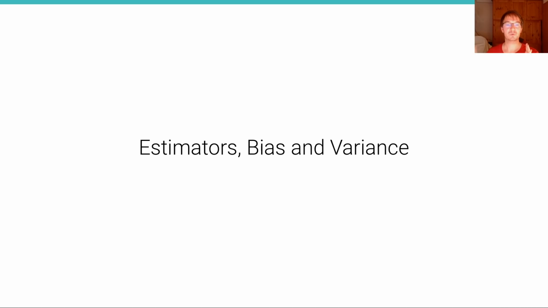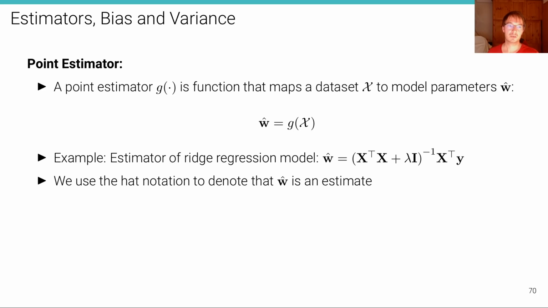Looking a little bit more generally at this problem, we talk about estimators and their bias and variance. What we have seen so far are effectively point estimators. Speaking more abstractly, we can call a function g an estimator if it maps a dataset X to a set of model parameters W. We denote this W with a hat to explicitly mark that this is an estimate.